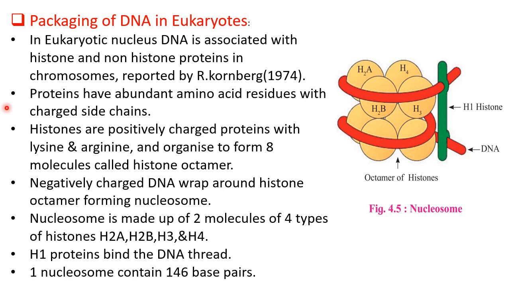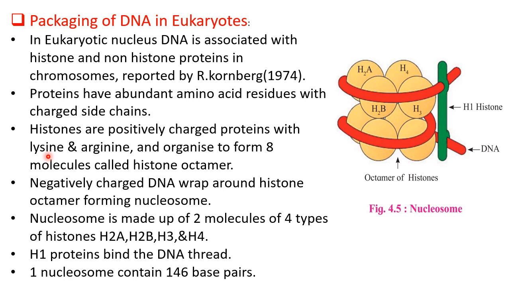Histones are the proteins that are rich in the amino acids like lysine and arginine. Both these amino acids carry positive charges. So histones are a set of positively charged basic proteins.